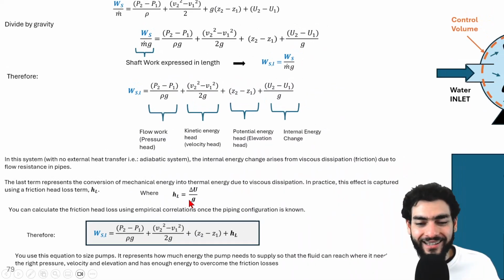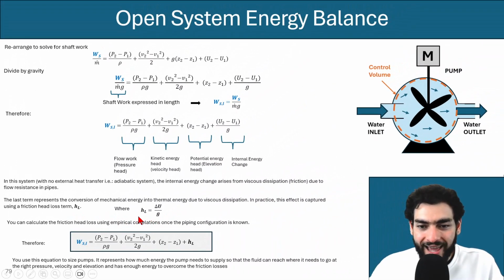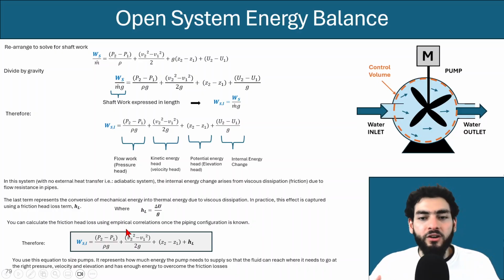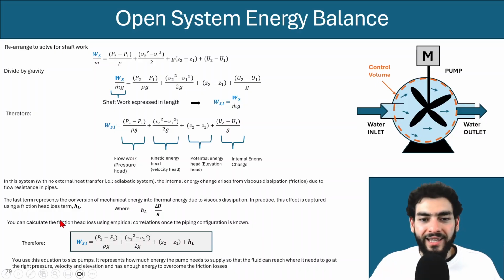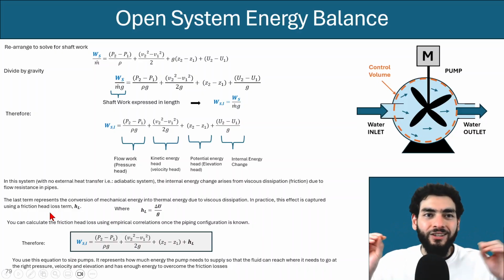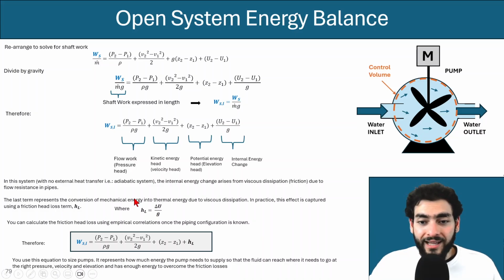And you can calculate this frictional head loss using empirical correlations once the piping configuration is known. So you know how, for instance, you use the Darcy equation and you use empirical correlation. If you study fluid mechanics, you know what I'm talking about. You essentially calculate all of these frictional head loss terms to be able to calculate what the total frictional head loss you need the pump to be sized for.